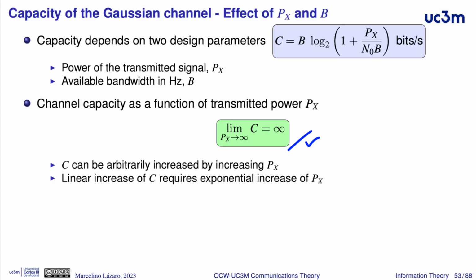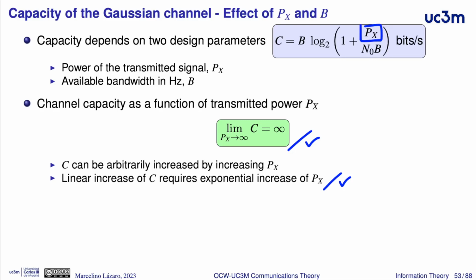However, it must be taken into account that the signal power is inside of a logarithm, and therefore, to obtain a linear increase in the channel capacity, it's necessary to have an exponential increase in the signal power. But theoretically, it is possible to increase arbitrarily the channel capacity by increasing the signal power.